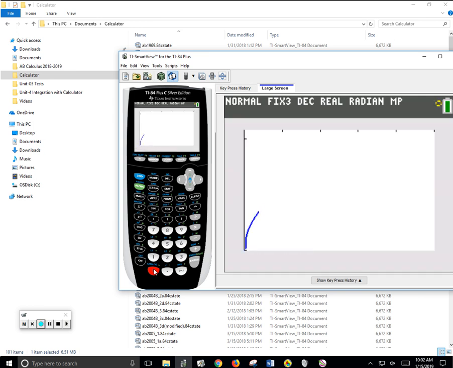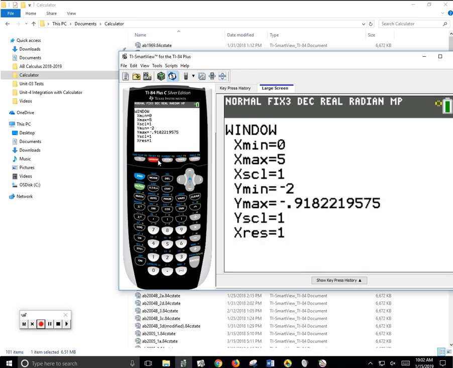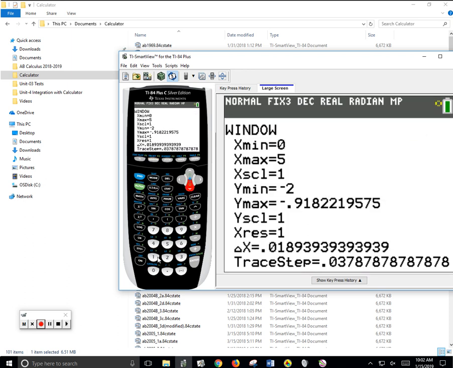This is my graph of P prime. The x-axis is up here. You can see the tick marks. So from day 0 to day 5, I do not see P prime ever hitting 0, so I need the window bigger. So I just double. So go to 10, zoom fit.